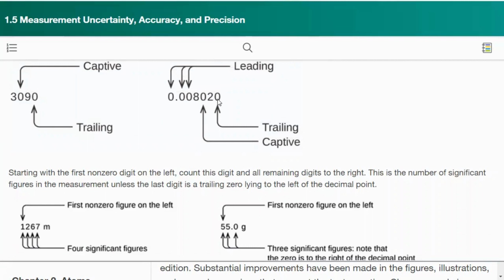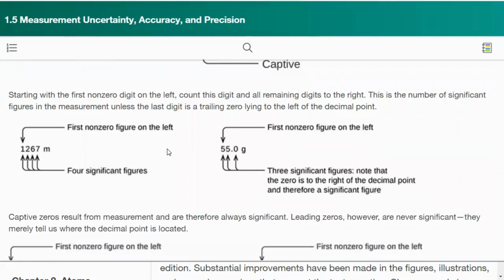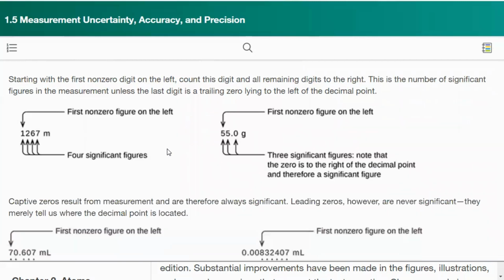In the case here, the trailing zero is significant because that zero is behind the decimal point and it is a trailing zero. So a trailing zero behind the decimal point is significant. I think they could have expressed that a little bit more clearly, but we'll just try to work with it. Intuitively, we sort of learned this.